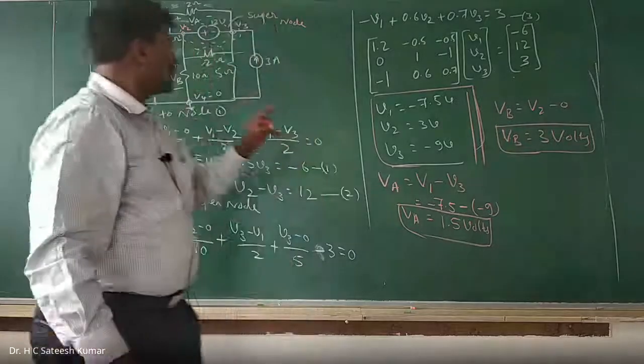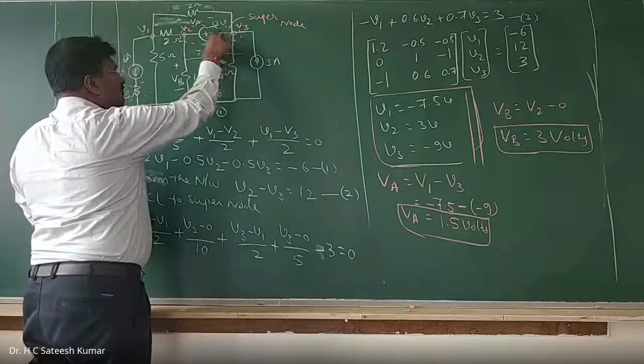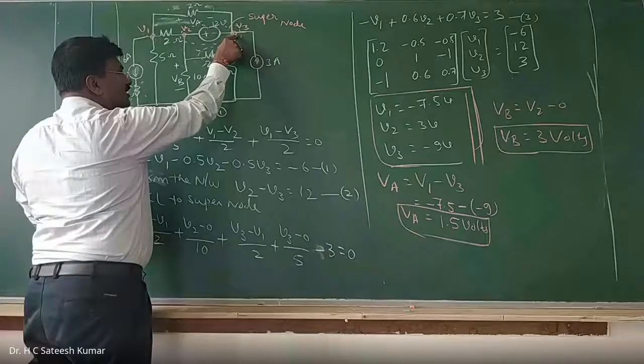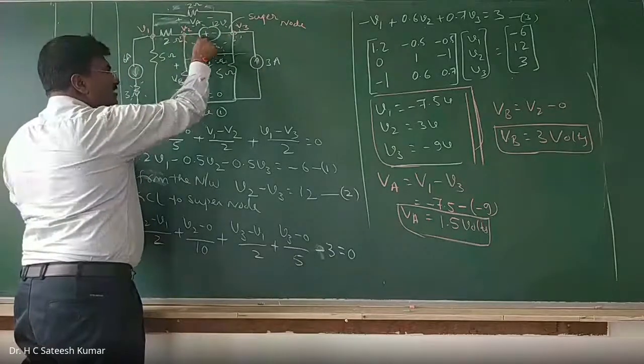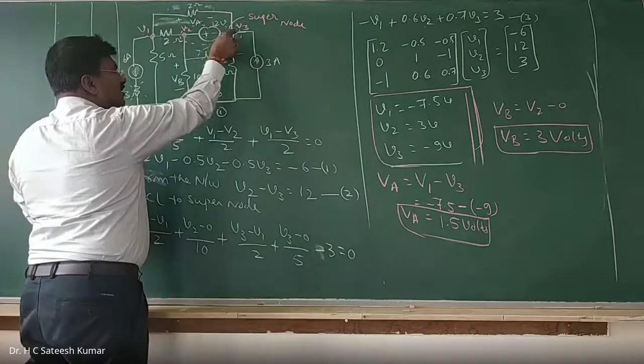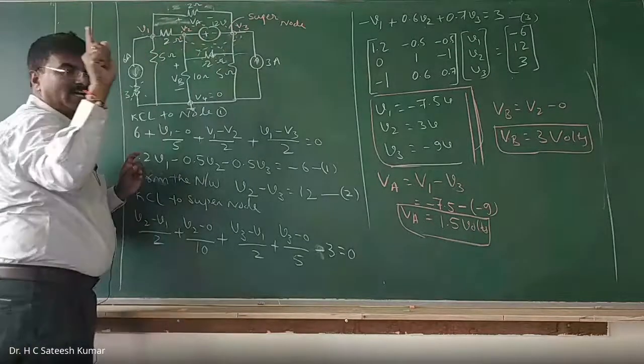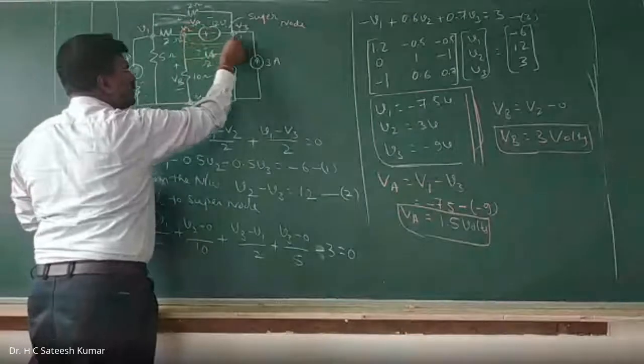For example, here a voltage source is connected between V2 and V3. Plus and minus is there. Here between V2 and V3 we don't have any series resistance, so we can combine them and make a single node. So this whole thing becomes a single node.